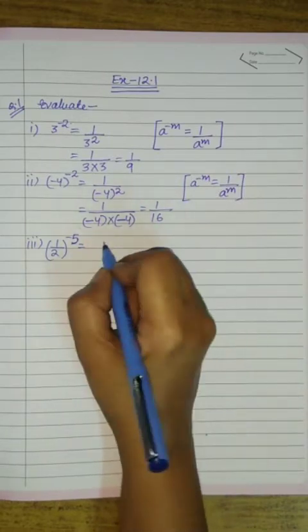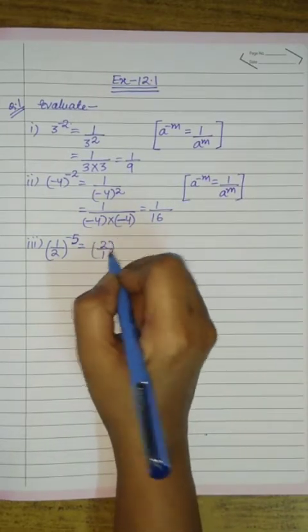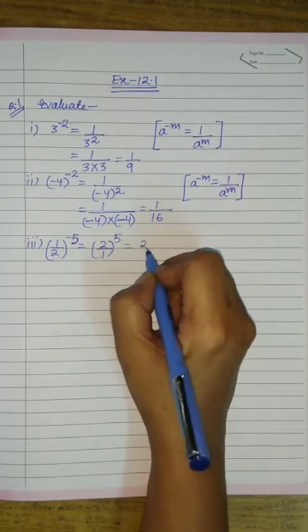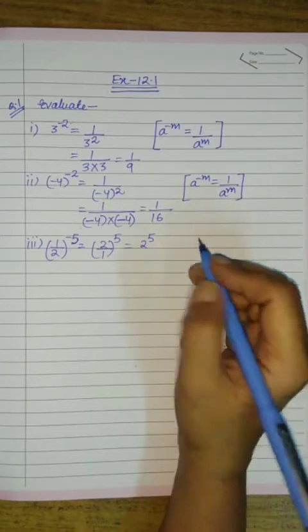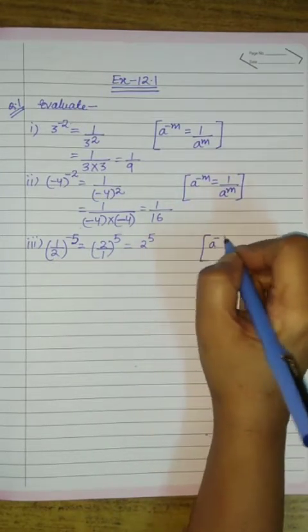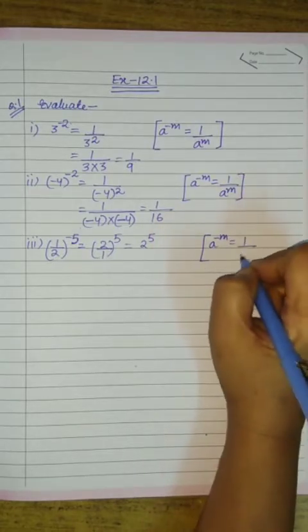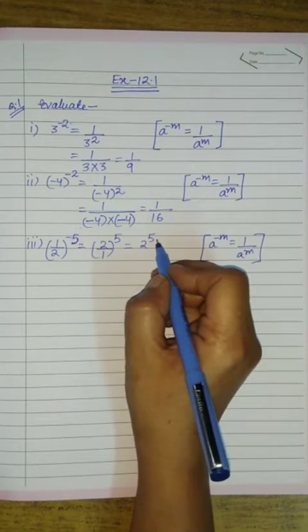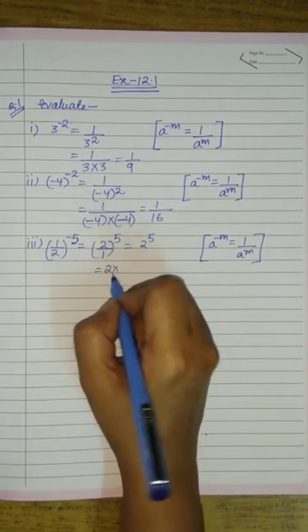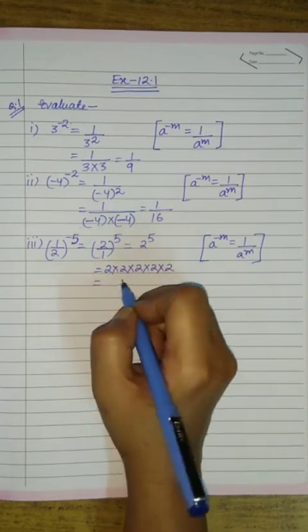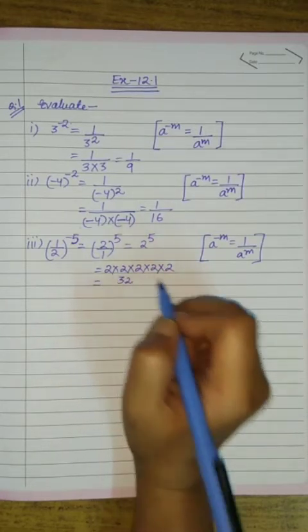So 1 by 2 will be written as 2 by 1 raised to power 5, or simply you can write it as 2 raised to power 5. Now again we have used here a raised to power minus m is equal to 1 upon a raised to power m. Now 2 raised to power 5 means we will multiply 2 5 times, and on multiplying we get 32 as our answer.